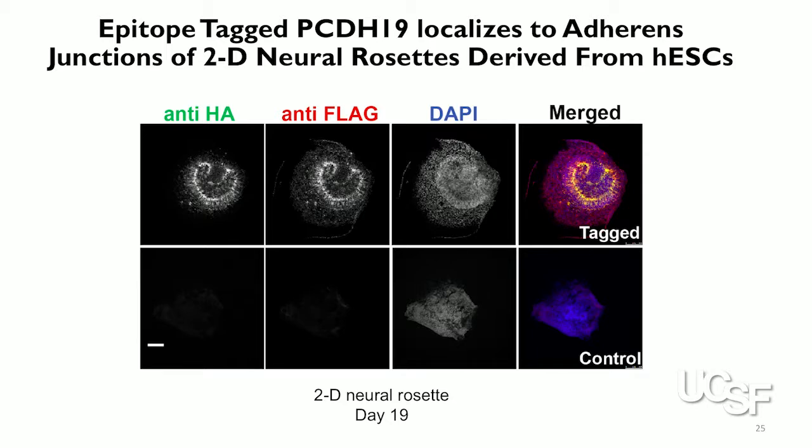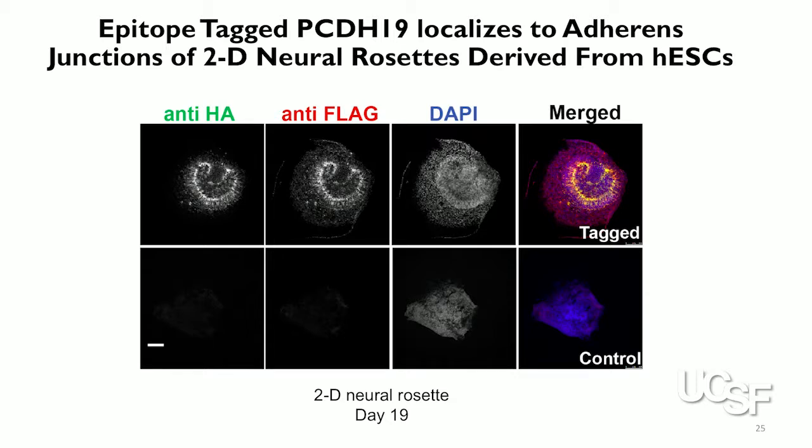This is fairly new progress. We haven't done an exhaustive expression or localization study yet, so I'm going to show a couple of slides we have done using this system to show PCDH19 localization. Primarily, we focus on the neural rosette stage, where we observed a high expression level of PCDH19 in our RT-qPCR experiment.